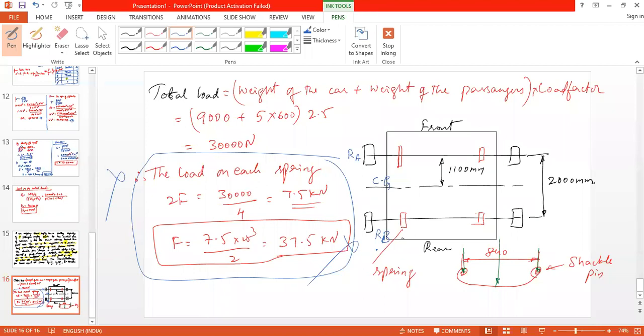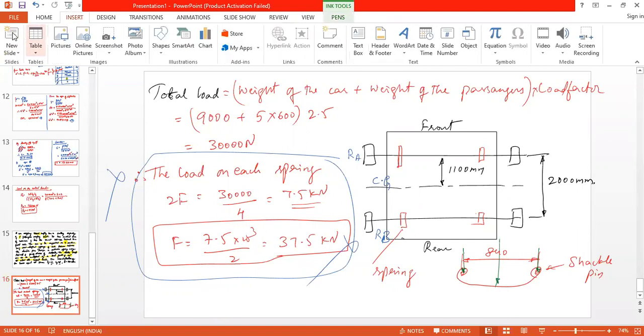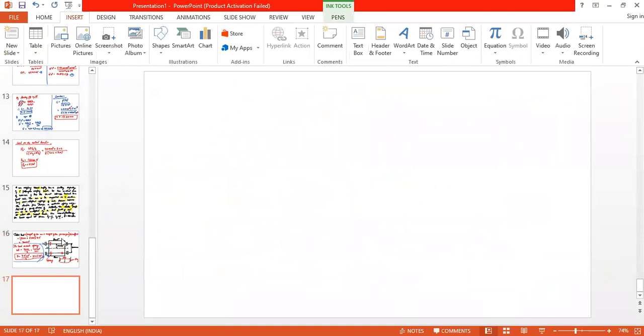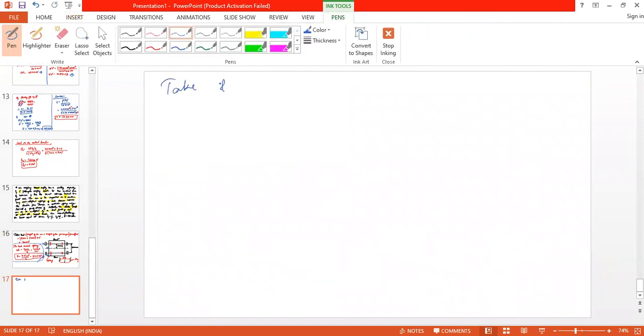Yes, sir. So how to take the moment? Take the moment about the front axle.